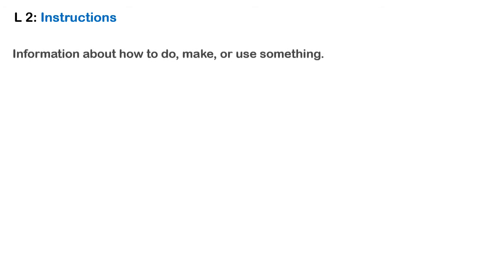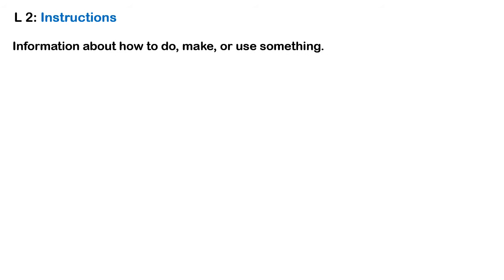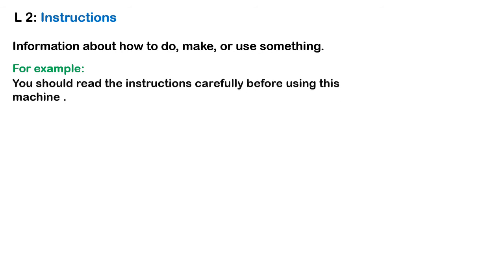Instructions mean information about how to do, make, or use something. I will give you an example. If, for example, I said you should read the instructions carefully before using this machine, it means you need to read the information about how to use the machine before you use it.